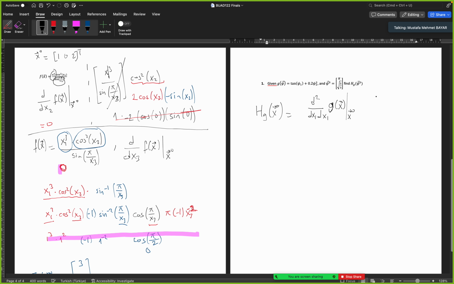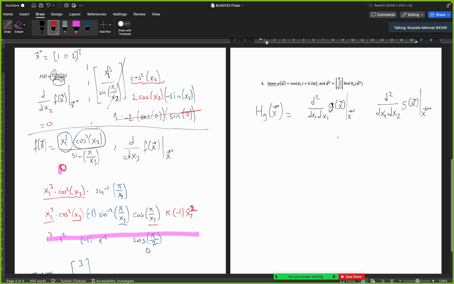This is your first element. Then you're going to have d squared dx1 again, but now the second differentiation will be with respect to x2. g of x evaluated at x0.